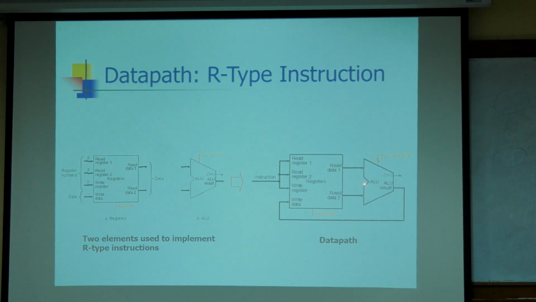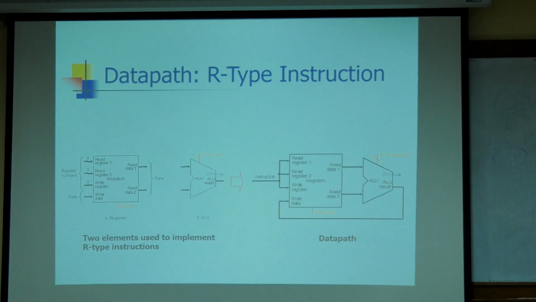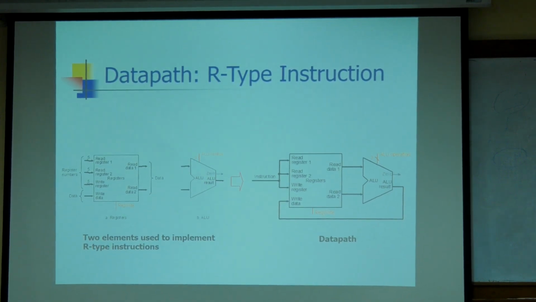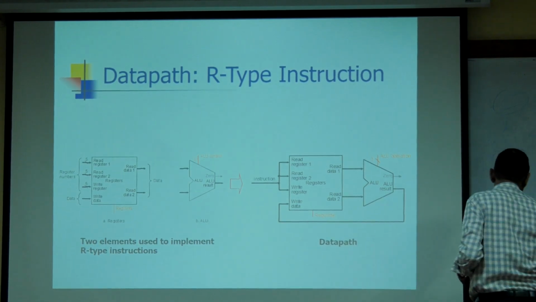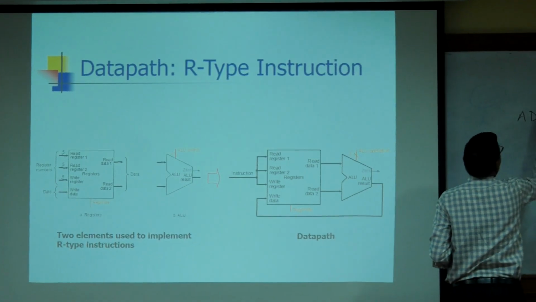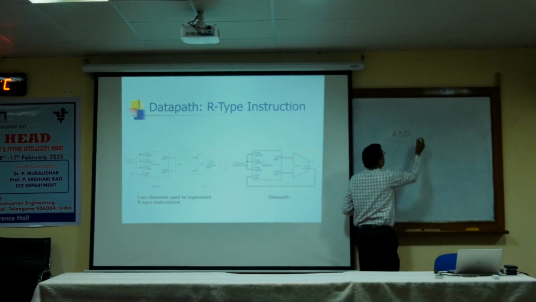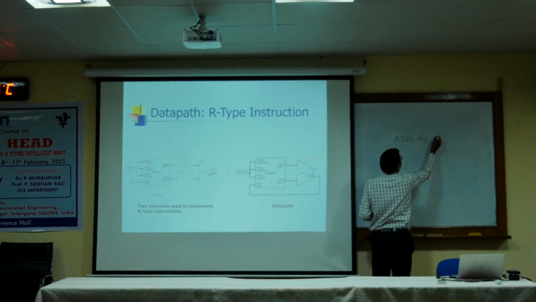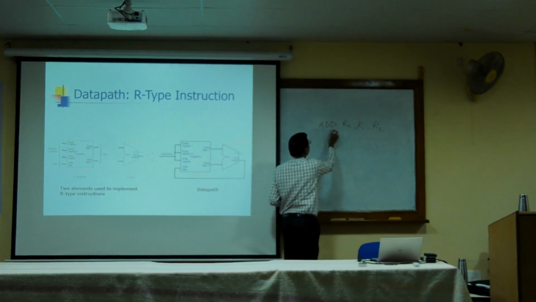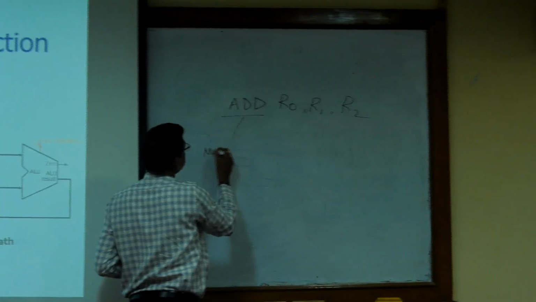So we see the register file is connected to read ports, because for any instruction, like the add instruction, we require 3 operands. For example, add R0, R1, comma R2. This we call a mnemonic instruction.